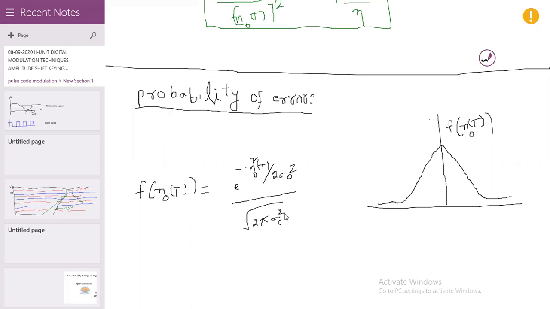This is the equation for the Gaussian probability density function. Please note down the Gaussian probability density function.